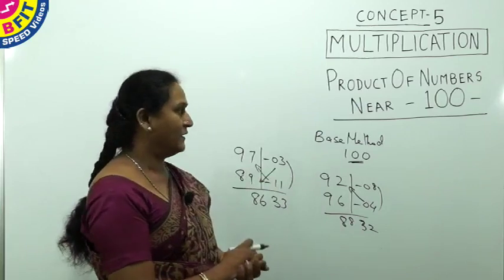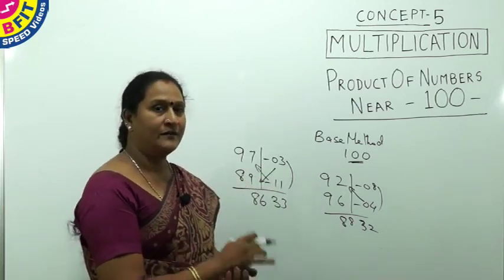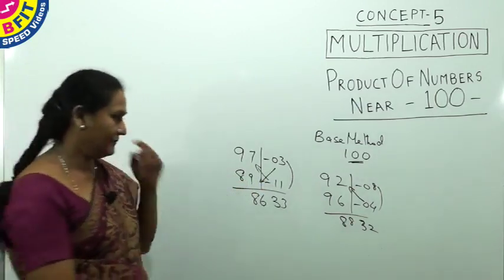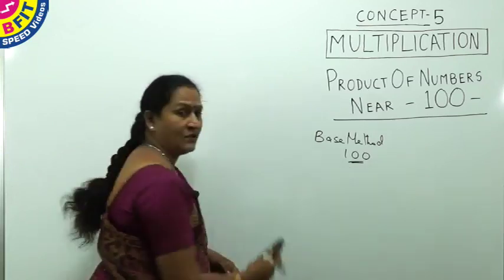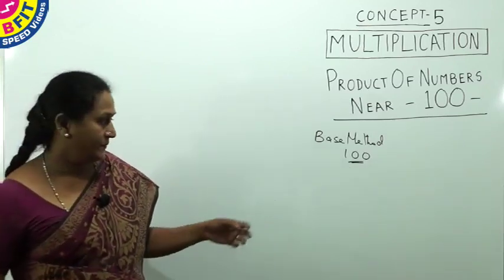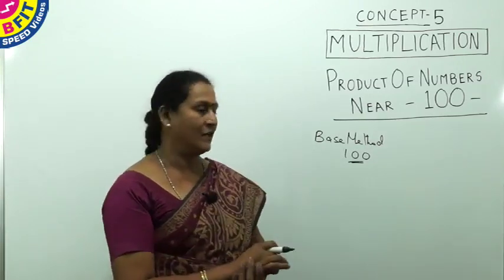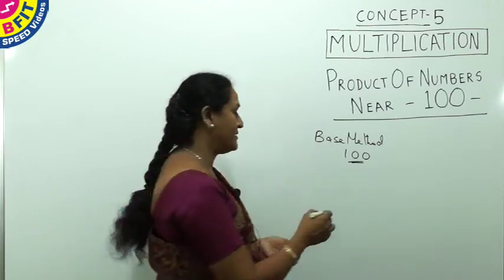In the same pattern, we'll see how to find the product of numbers more than 100, nearing 100. The application of this concept for numbers more than 100 is, to find the appreciated value, say we are depositing an amount and the rate percent is 7.